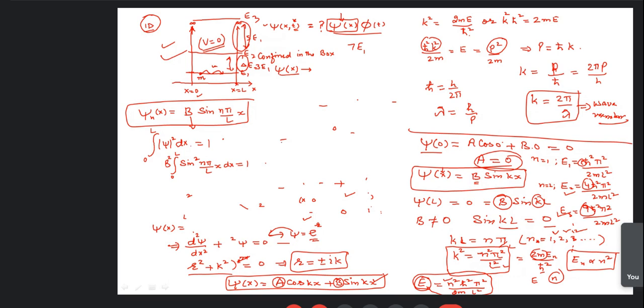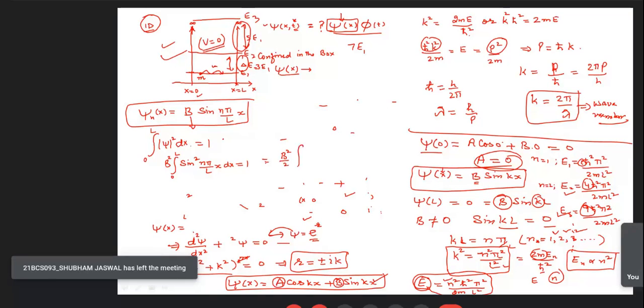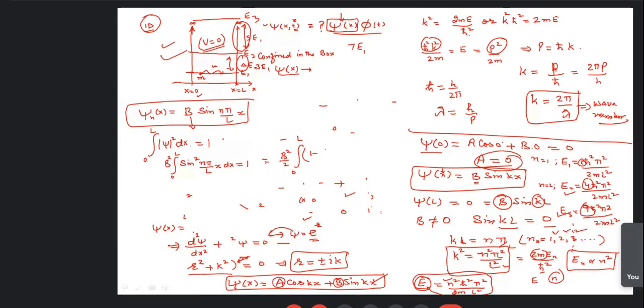Sine square theta can be written as 1 minus cos 2 theta divided by 2, and then integrating that, I can write it as b square divided by 2, integral from 0 to L of 1 minus cos of 2 n pi over L x, dx.